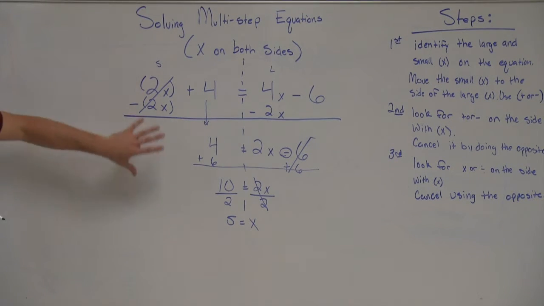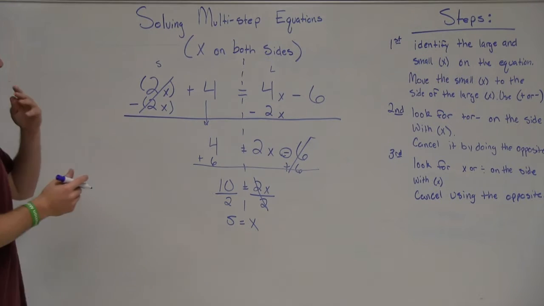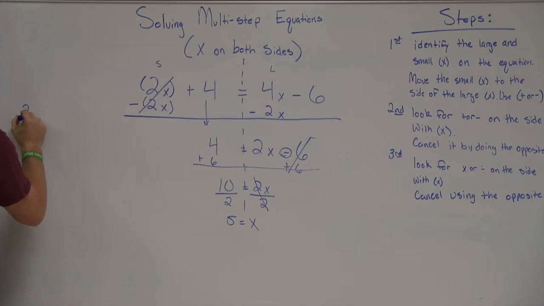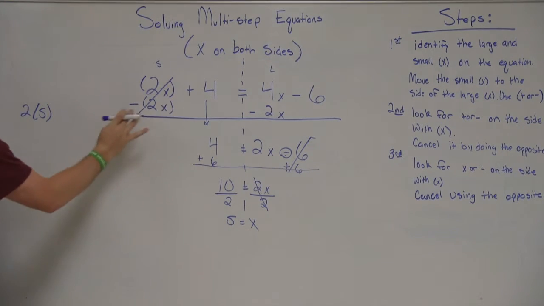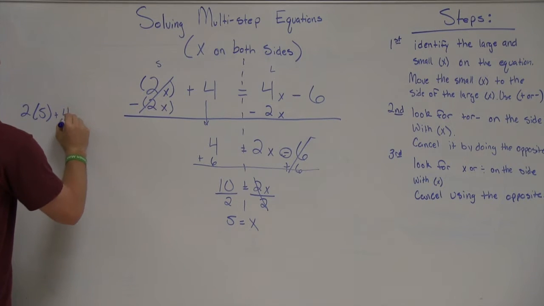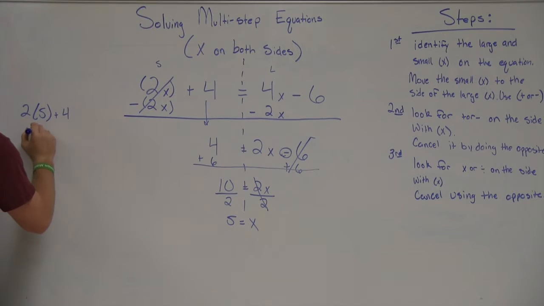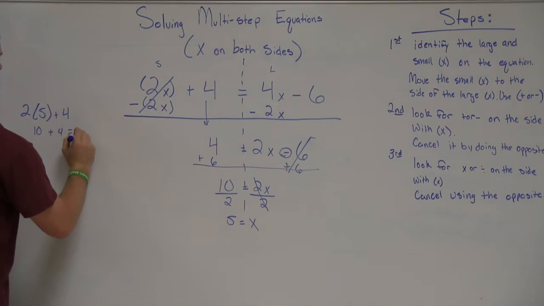Now, to test that we got that right, we can do it just like we always would. Instead of 2x, we would write 2 times 5, because we're going to plug our x value in where our x is, plus 4. So 2 times 5 plus 4. 2 times 5 is 10. 10 plus 4 is 14.